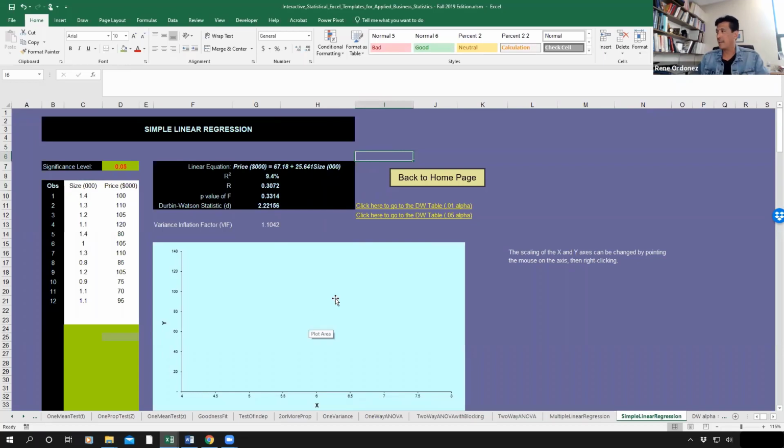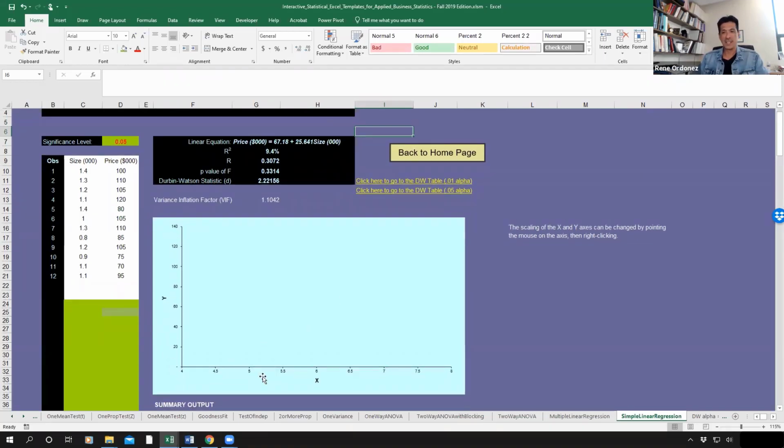Now look at the plot. It's not showing anything. How come? What do I need to do? Which one should we edit? The size is for the highest is 1.5.